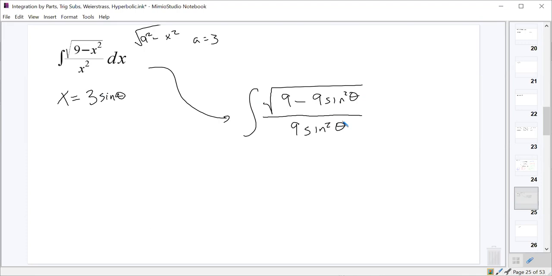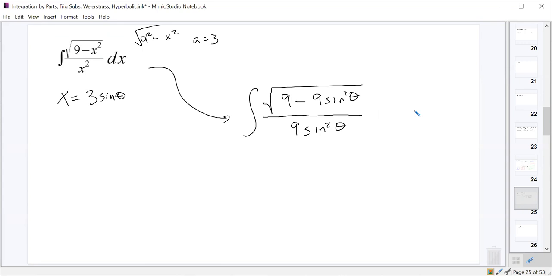And then the issue that we've got here is we've got a dx, right? Well, we can't integrate something in terms of theta if it's got a dx attached to it, can we? No, we cannot. So what should we do?